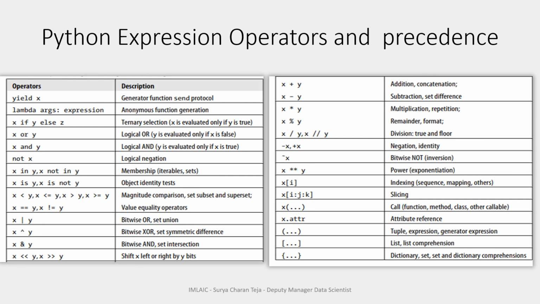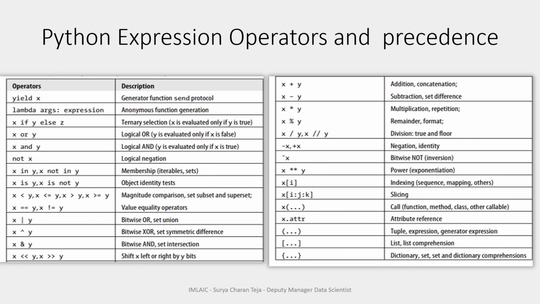And x with parentheses is to call a function, call a method, call a class. You just remember these operators. Every operator you should know so that you can use it well in future. When you use parentheses with the name, this is used to call a function, method, class, or other callable item. It might be anything.